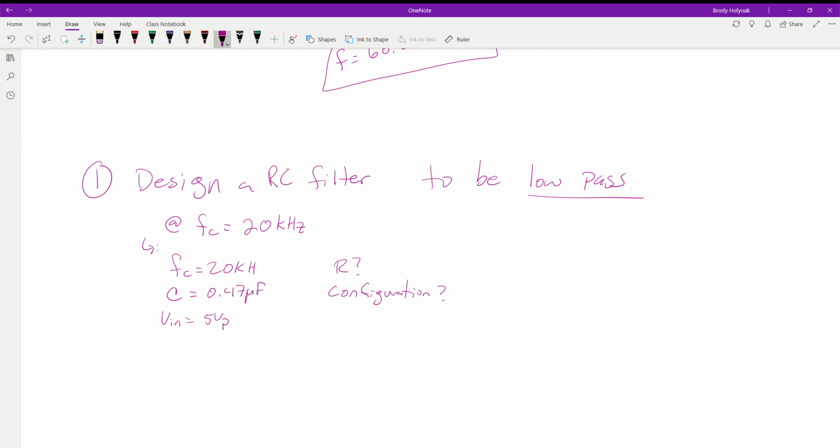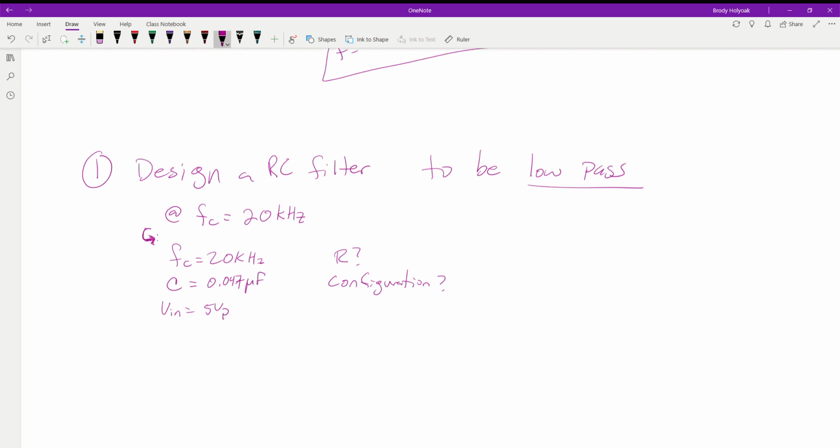So the information that I've been given is this. My critical frequency is 27 kilohertz. I have a capacitor of 0.047 microfarads, and I have a Vin of 5 volts peak. So that's our first one.